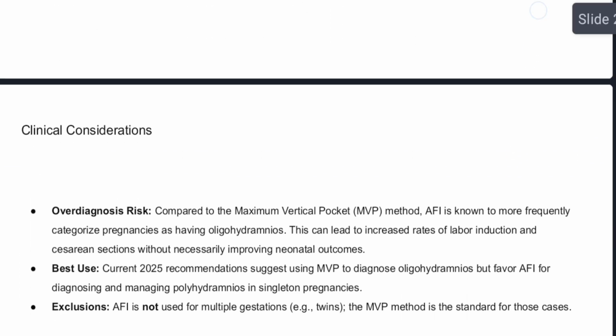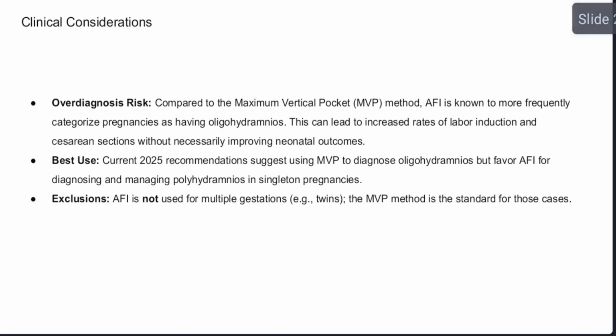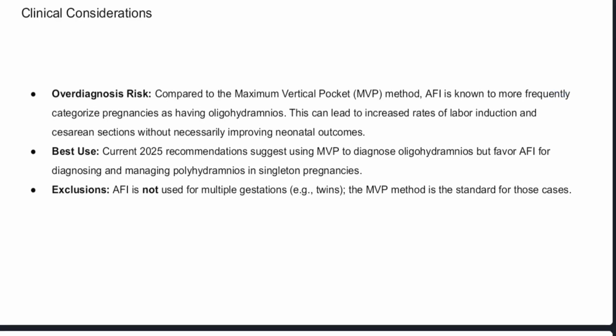All right. Now, there are some clinical considerations that we want to highlight. First, compared to the maximum vertical pocket method, amniotic fluid index is known to more frequently categorize pregnancies as having oligohydramnios. This can lead to increased rates of labor induction and cesarean sections without necessarily improving neonatal outcomes.